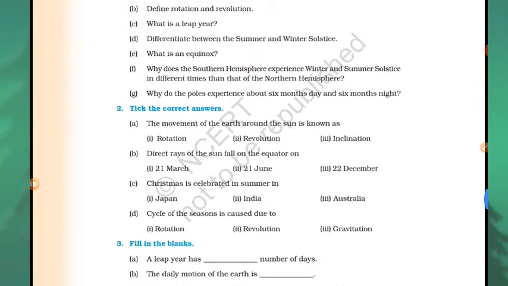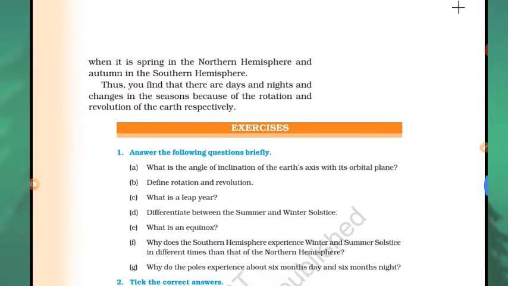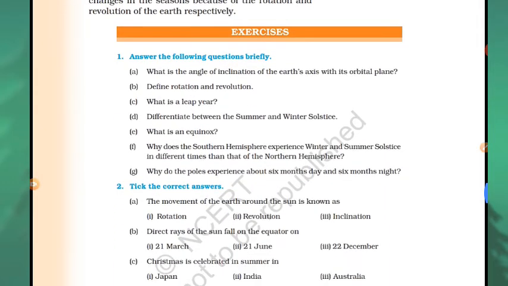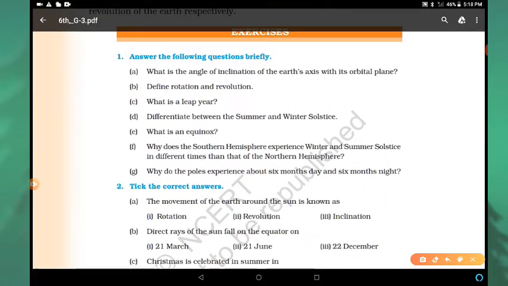We have revised this chapter, and questions are also very easy. After studying this chapter you can easily solve the questions. What is the angle of inclination of Earth's axis with its orbit plane? Definition of rotation and revolution. What is a leap year? About all these topics we have discussed. Differentiate between summer and winter solstice. Equinox.